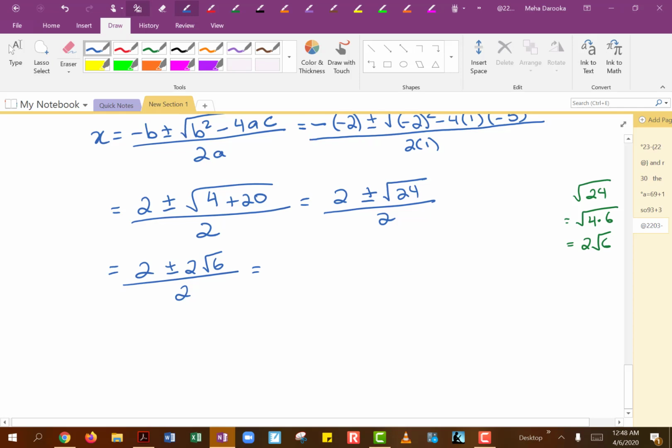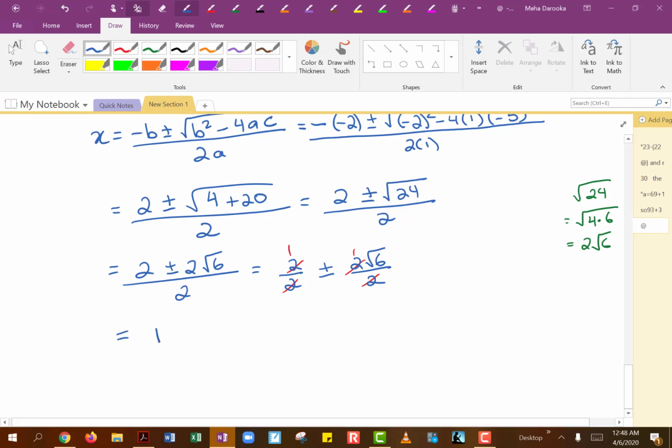And since you can see I have a 2 here, a 2 with my square root, and a 2 in the denominator, I'm going to write this as 2 divided by 2 plus or minus 2 square root of 6 divided by 2. So I'm just splitting that denominator between our two numerators. 2 goes into itself once. These 2's cancel out, leaving you with square root of 6.